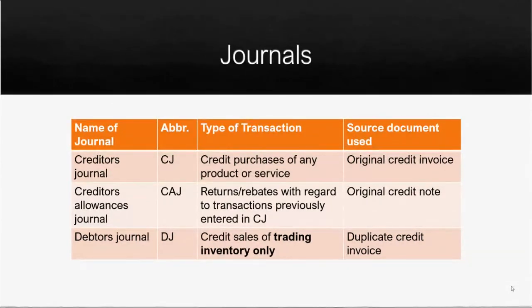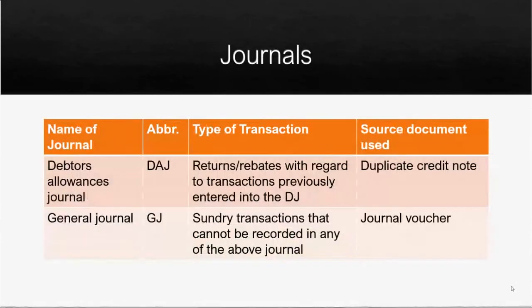Debtors journal is my customers. That is where I sell trading inventory on credit. Okay, and that is generally your duplicate credit invoice. And then debtors allowance is if I've given them any rebates or any discounts, or if they've returned any of the goods, I would show it there.